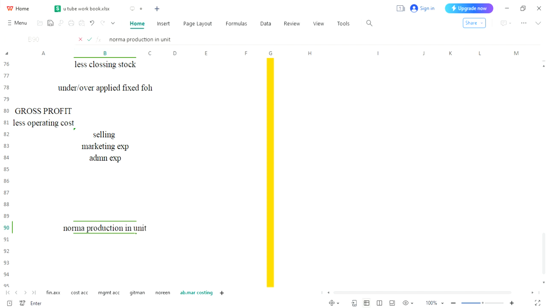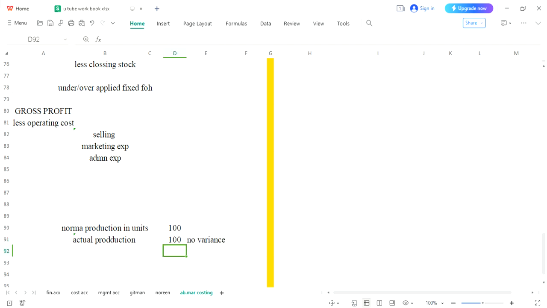I'm giving you an example. If the company can produce 100 units, and in case the actual production which the company has done is 100, it means there is no variance, as production is according to their normal production. In a similar way, since it's the first question, it is important for you to understand it, without which it would be a little difficult.